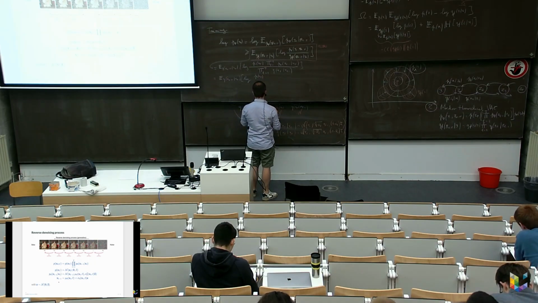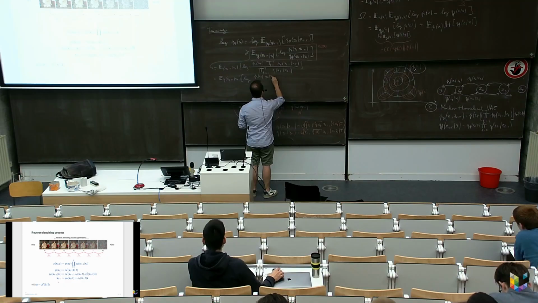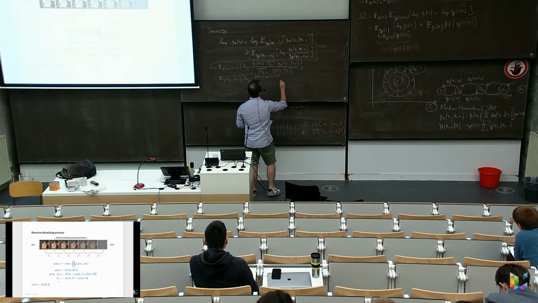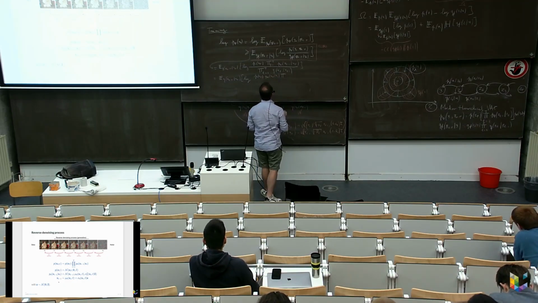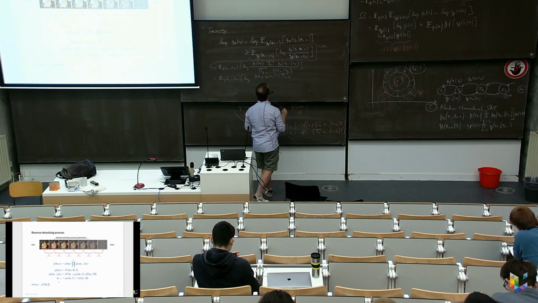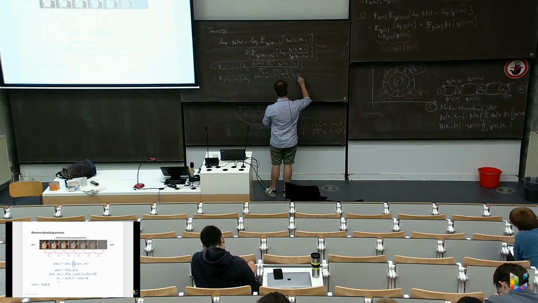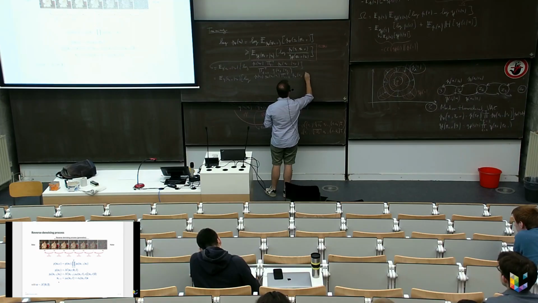Then I will pull out p of x0 given x1 times everything that remains: the product from t equal 2 to T of p theta xt minus 1 given xt.